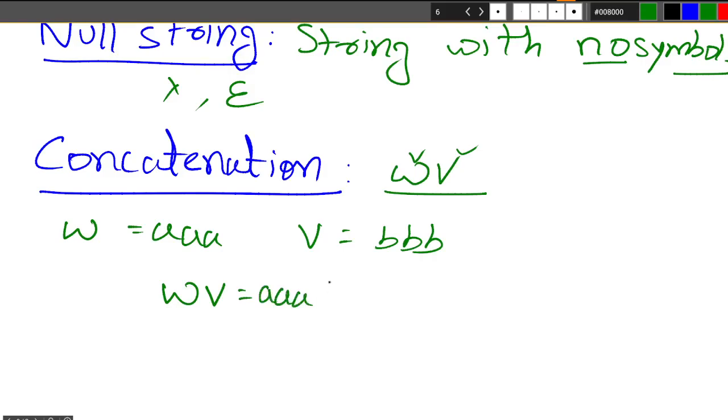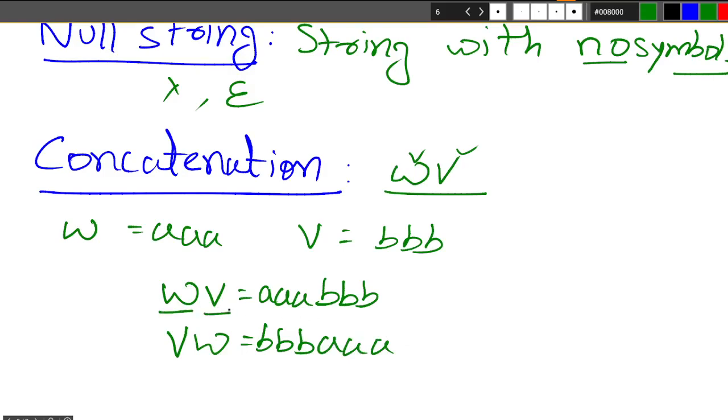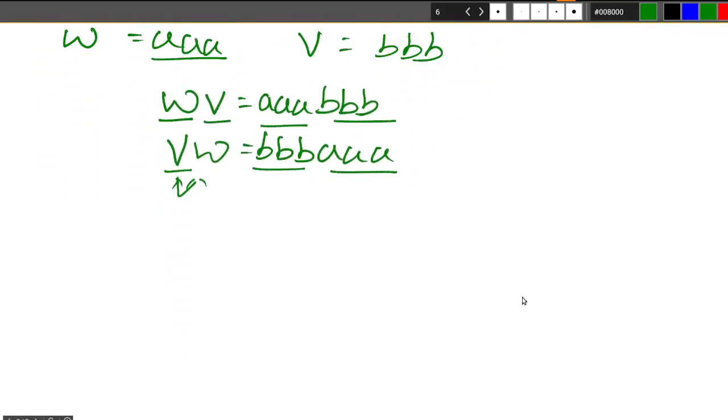A B. Can somebody tell me what will be VW? Then B A. It means first we will have the symbols of W and then the symbols of V. If it is written in a different order, such as VW, then first the symbols of V and then the symbols of W. This was the story of concatenation.